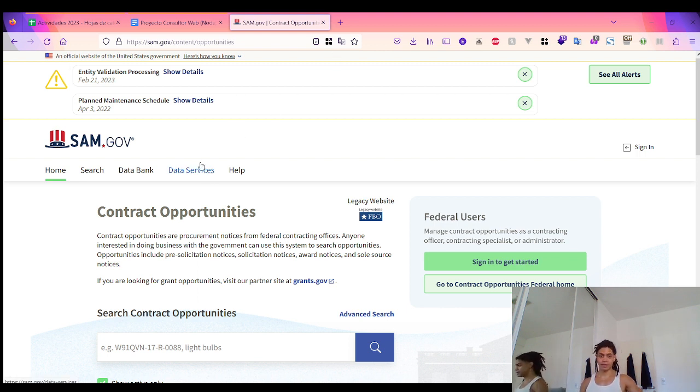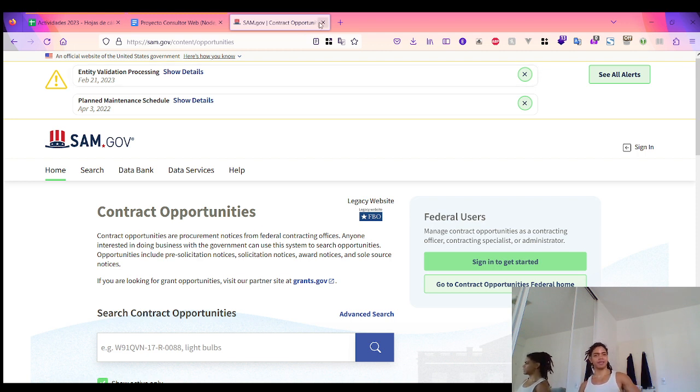Okay, so Uncle Sam was created in 1917, based on a British recruitment poster that was used in World War One and World War Two.